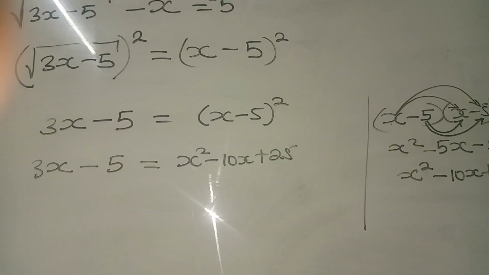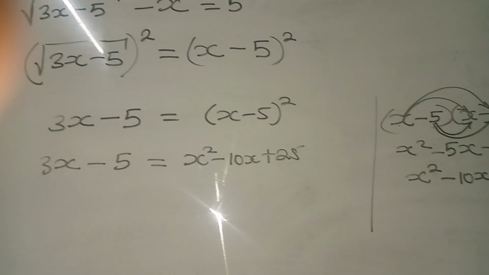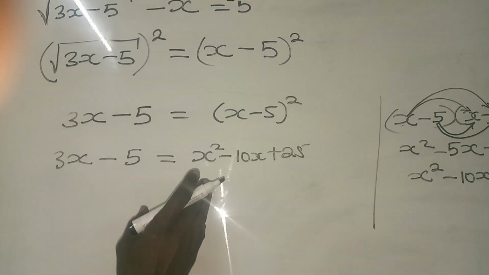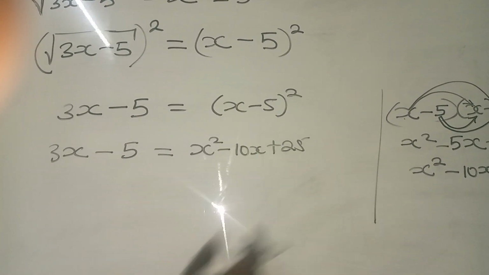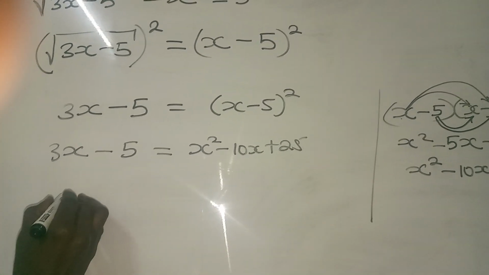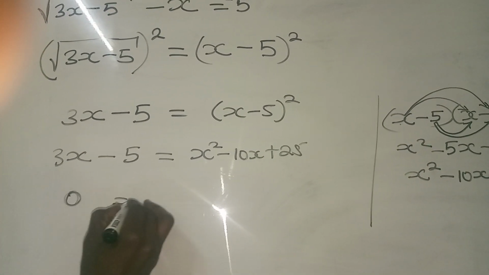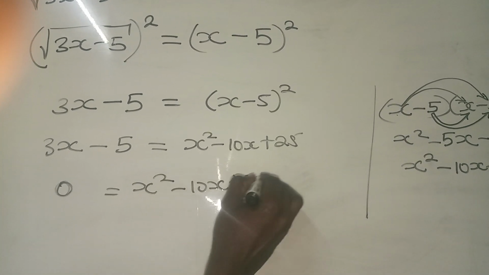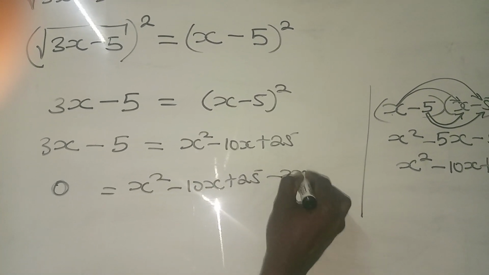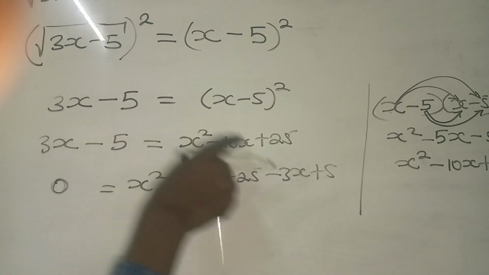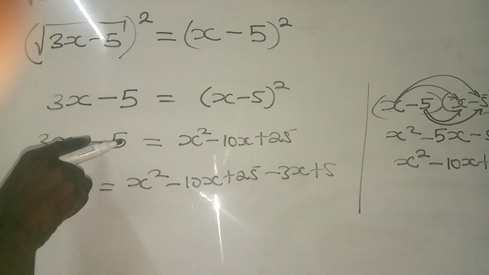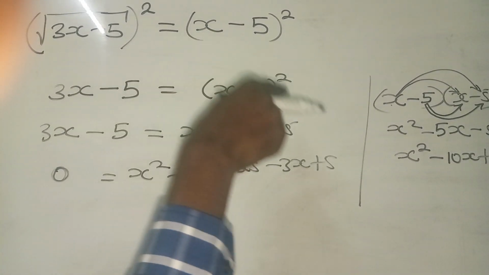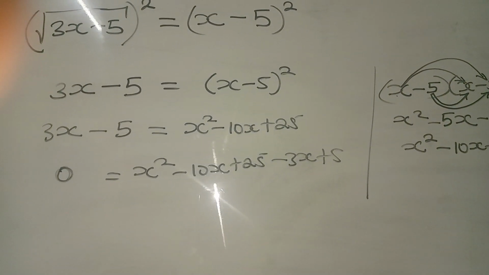This looks to be a quadratic equation, so we are going to put it in its general form. Let us put everything on the opposite side. This side we remain with 0. The other side is going to be x squared minus 10x plus 25 minus 3x plus 5. When the 3x crosses over, it's minus 3x. When the negative 5 crosses over, it becomes a positive 5.